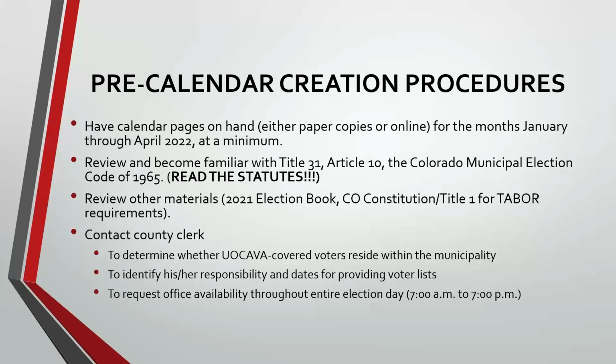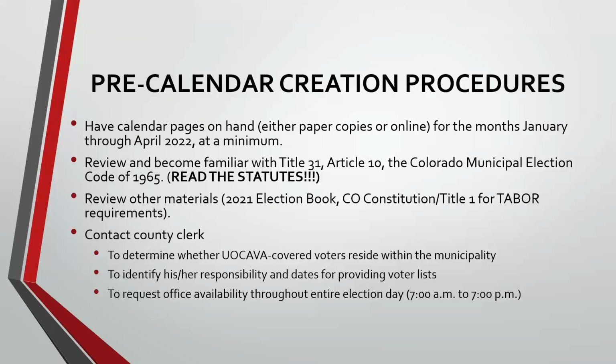These people are basically military. They're family members who are registered to vote within your municipality but are not residing within your municipality. They could also be people who are working in other states or other countries. They might even be students who are going to college in other particular states.